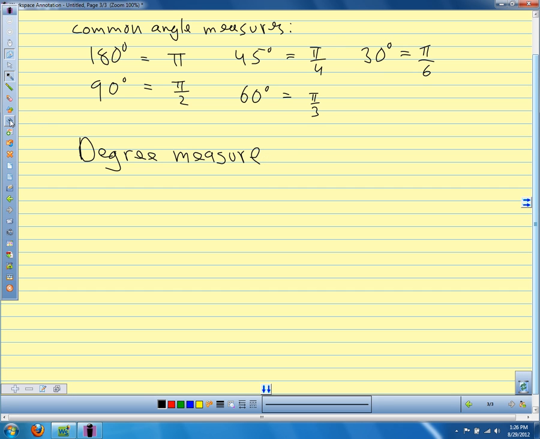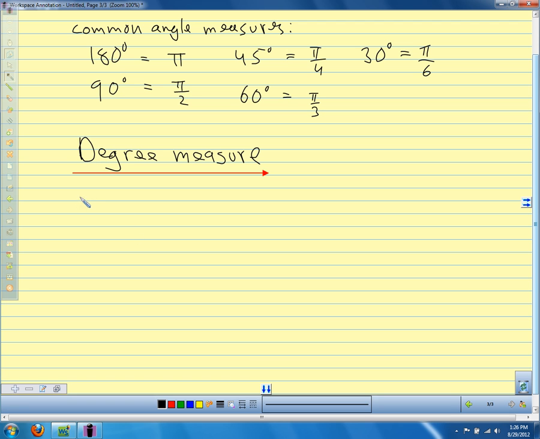So talking about degree measure, the way we've defined angle measure is we say that 1 time around the circle is 360 degrees. So 1 degree is just 1/360th of the way around the circle.